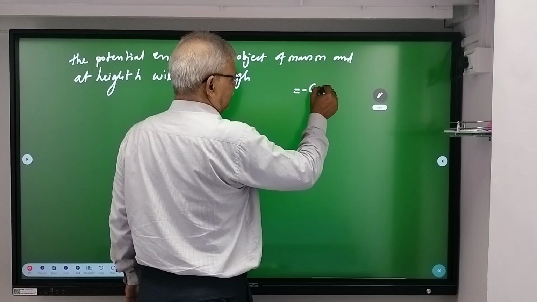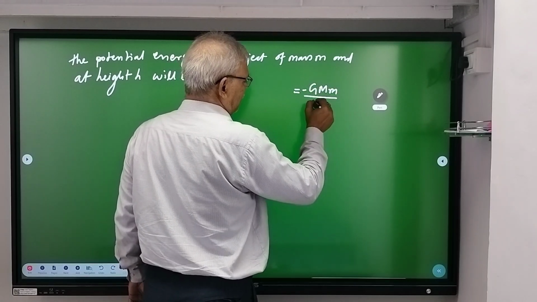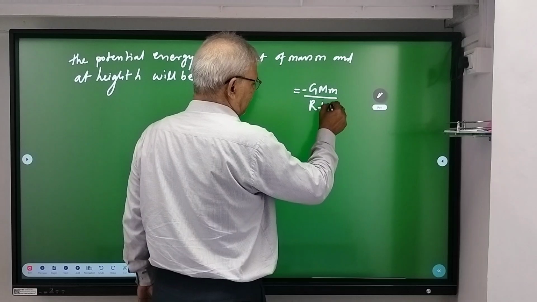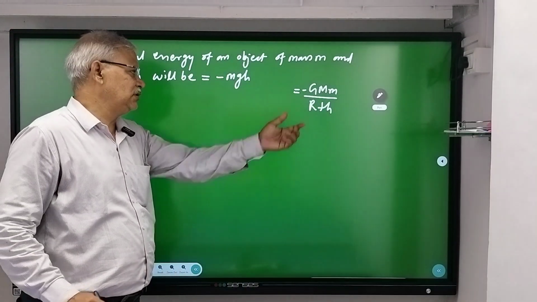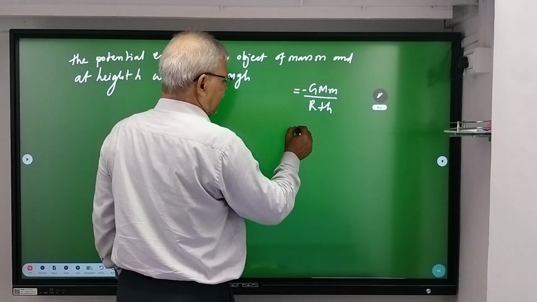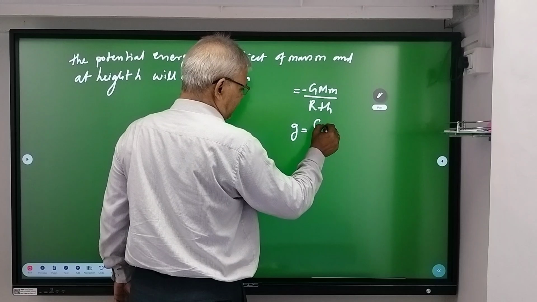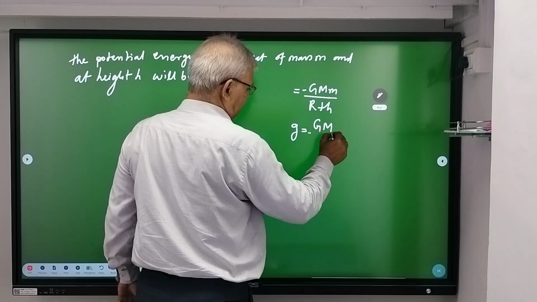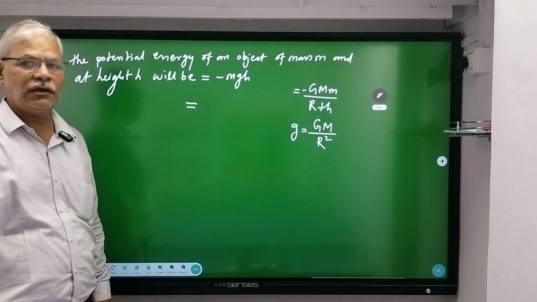Here I am going to write this in this form, that is, now see, you know that acceleration due to gravity is given as GM upon r square. Okay?